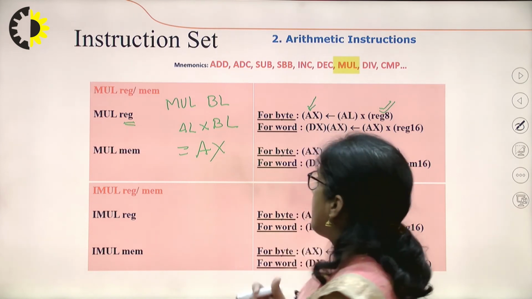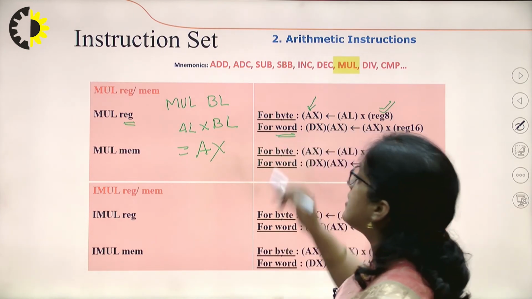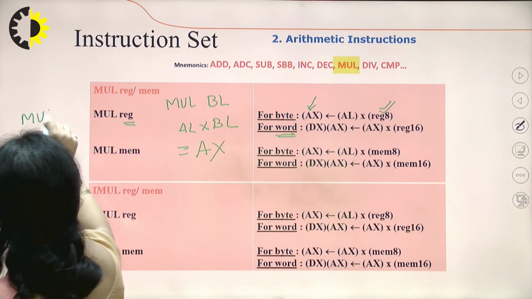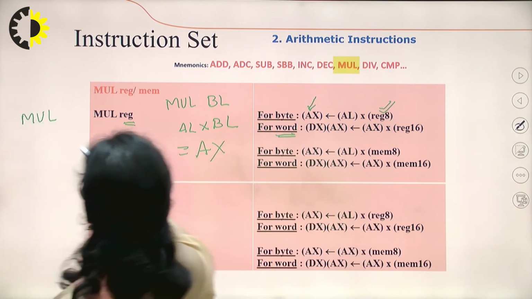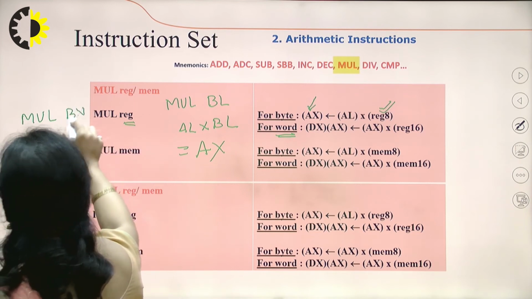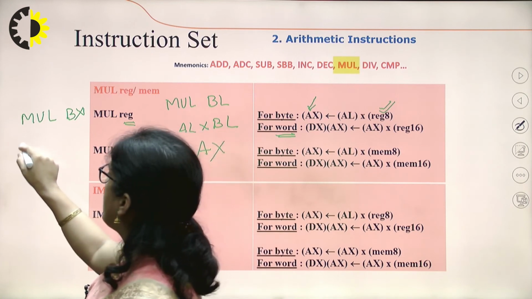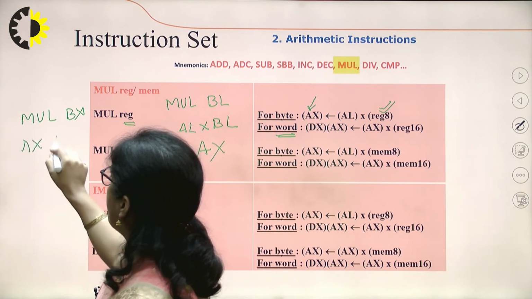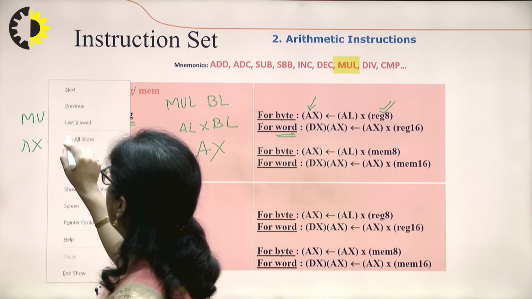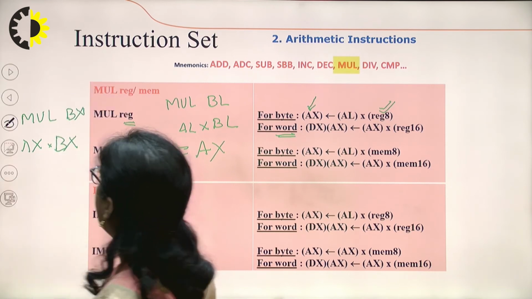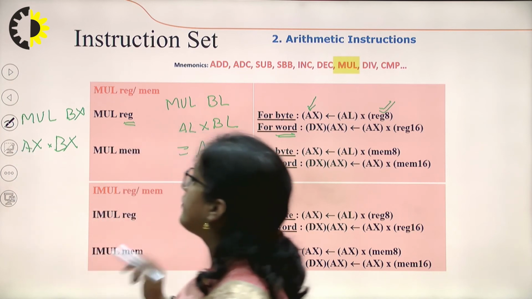In case we are performing word multiplication, that is, if I have written MUL BX, what is going on? The content of AX gets multiplied with the content of BX.